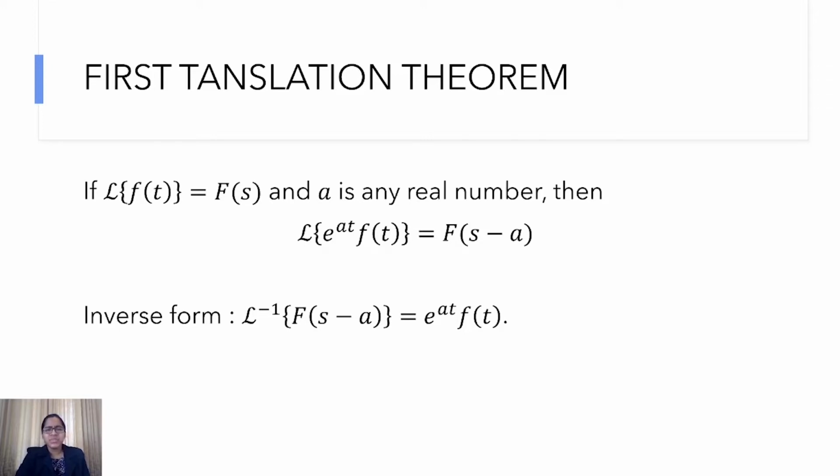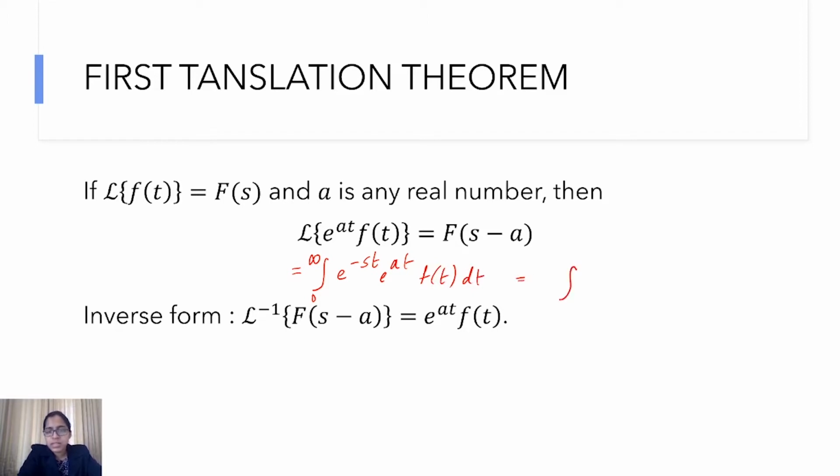The proof is very simple, because you can just see what L of e raised to at into f of t is. This is nothing but the integral from 0 to infinity of e raised to minus st, e raised to at, into f of t dt, right?